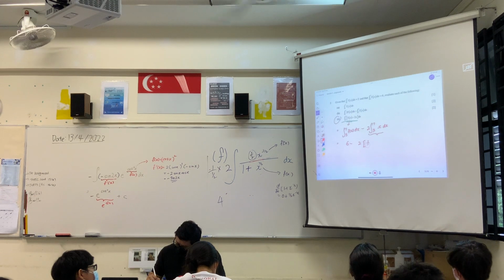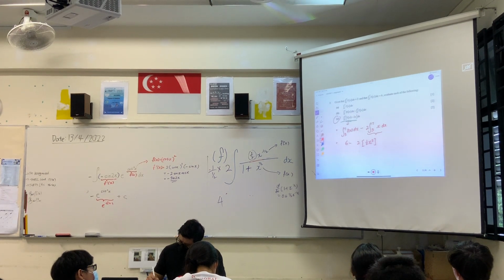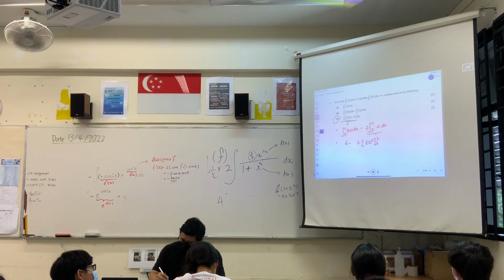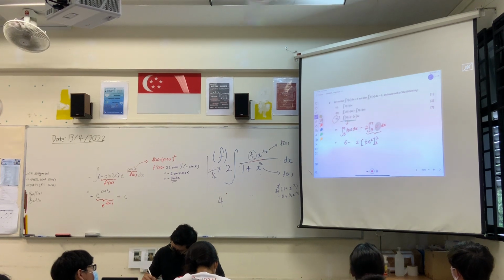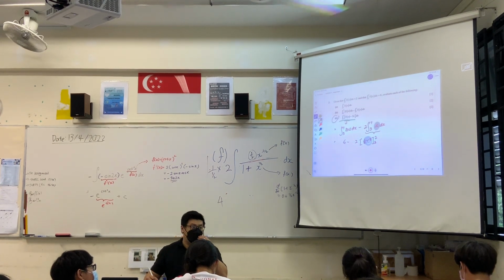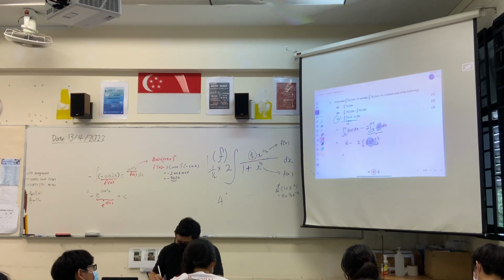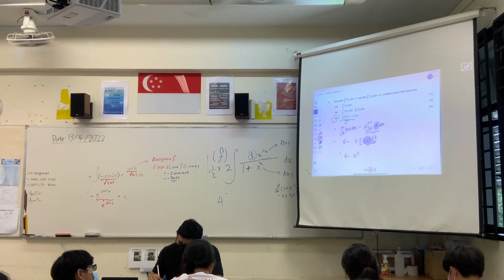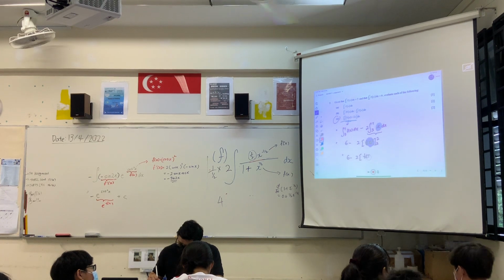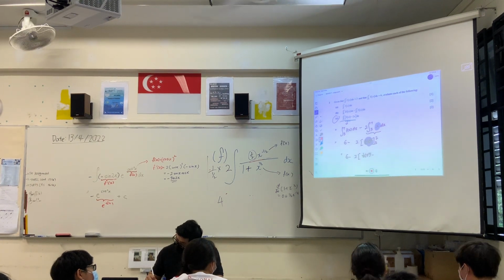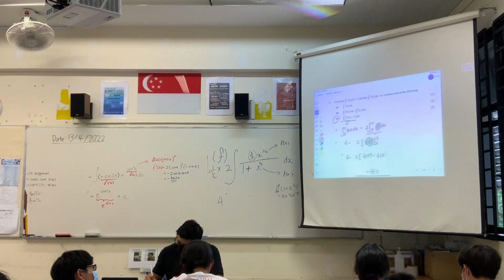Integrating x is just half x squared, from 3 to 7.